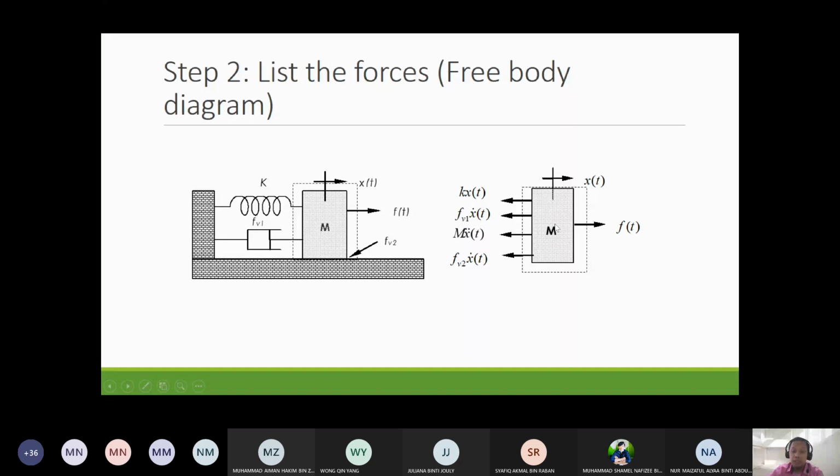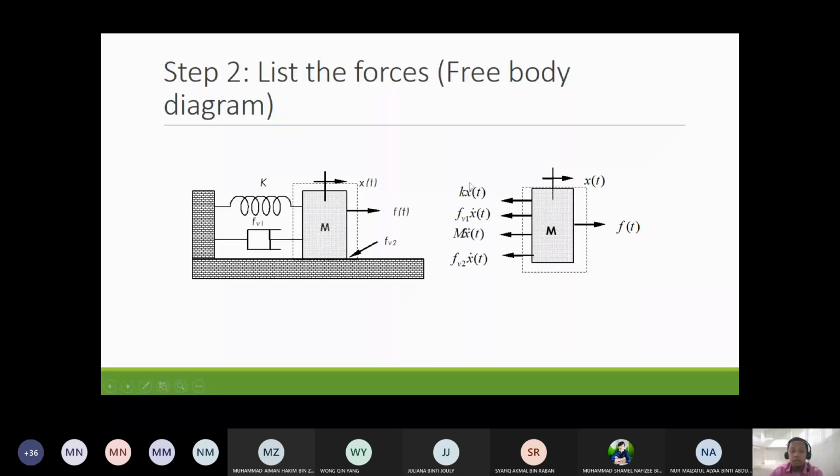The figure on the right here is the free body diagram. We have the input force, which in this figure is acting forward, and all of the other forces like spring, damper, friction, and inertia will be acting backward. Why are all of these forces acting backward?